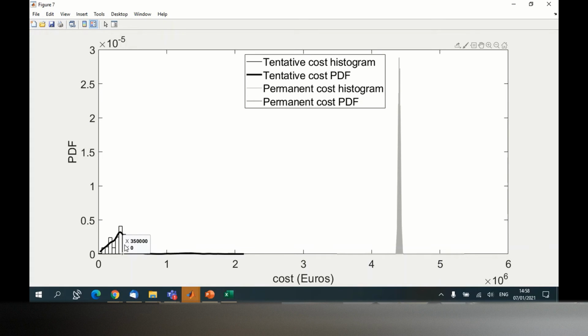Sorry, so the peak between 4 and 5 is basically the sum of the cost of the mitigation that we already established in the Excel, right? Can you repeat your question? I just want to make sure that this peak, the value between 4 and 5 million, is just the sum of all mitigation costs, right?